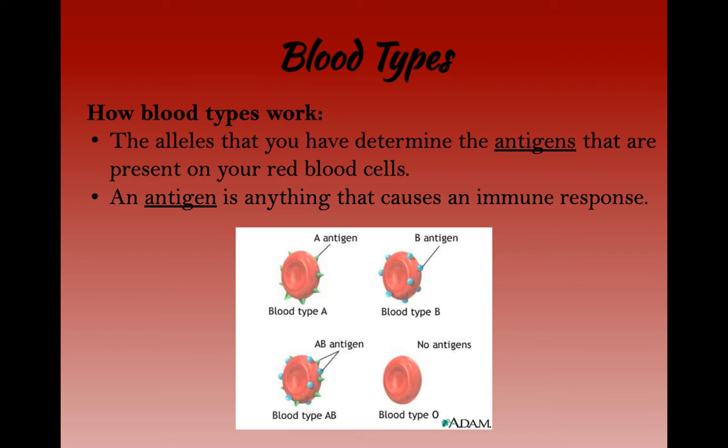So here are the different blood types. If you have blood type A, it means your red blood cells have A antigens. If you have blood type B, they have B antigens. If you have blood type AB, it means you have both types of antigens. And if you have blood type O, you don't have any antigens on your red blood cells.